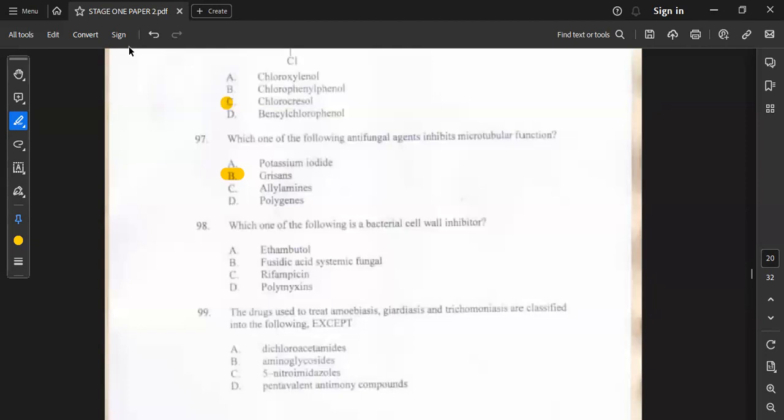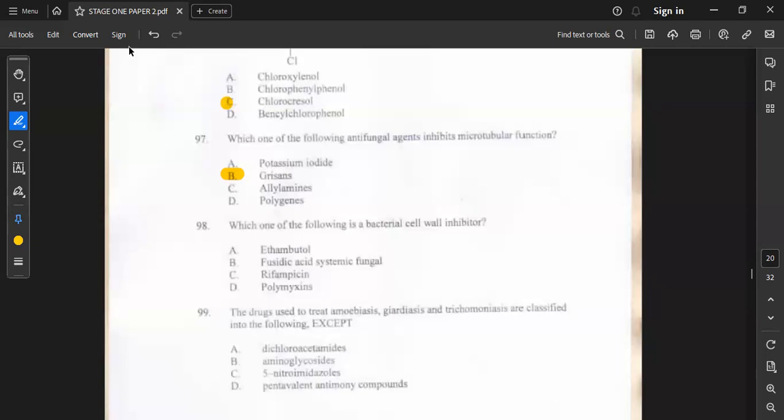Rifampin inhibits mRNA synthesis. And polymyxins, I'm not too sure. I just read that it disrupts membrane integrity. I'm not sure if that is part of cell wall inhibition or just cell membrane integrity.